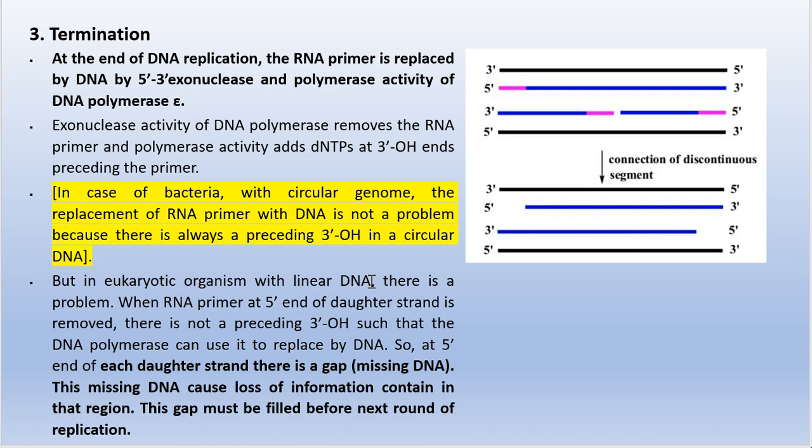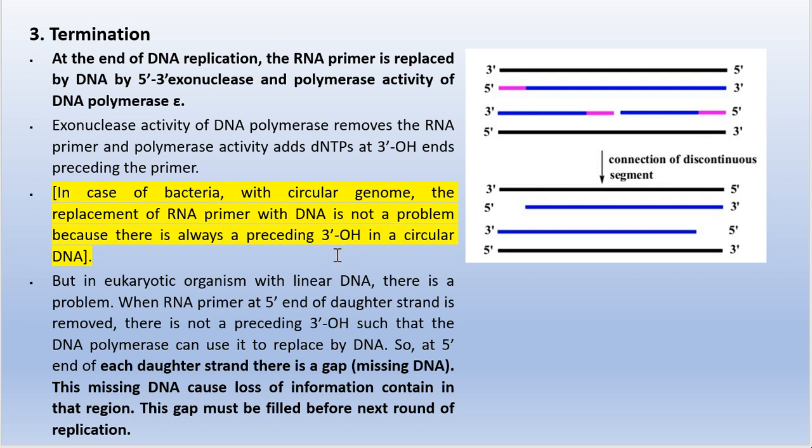In the prokaryotic system with a circular genome, the replacement of RNA primer with DNA is not a problem because their DNA is circular.